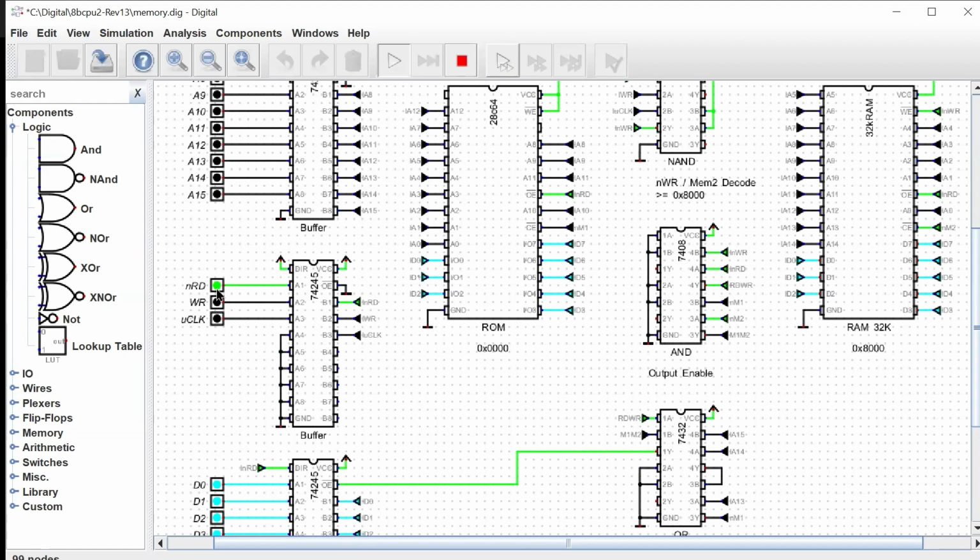All right, so let's enable our read, and we can see down here that the output enable went low, and that enabled our data bus as we would want it to be when we're doing a read operation. Now I'm going to do a write operation, and we're going to see that the output enable line is still high. So our data bus is still inactive.